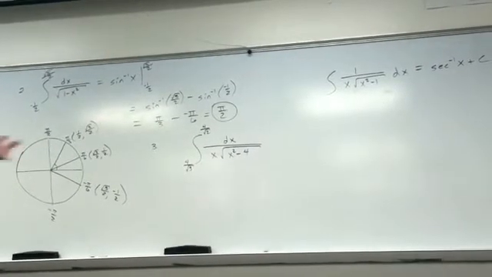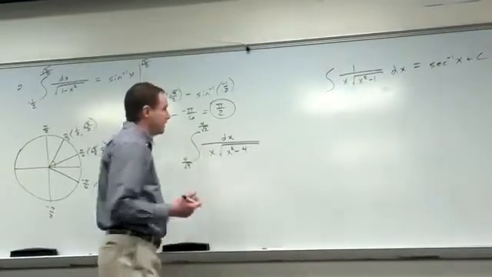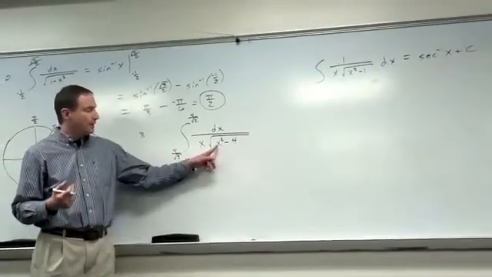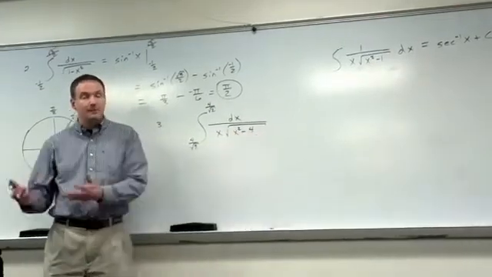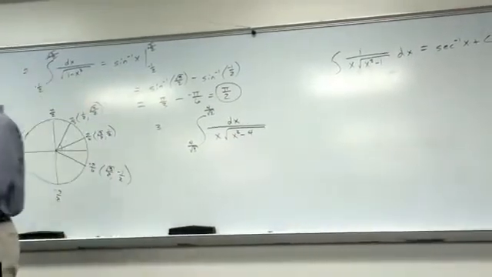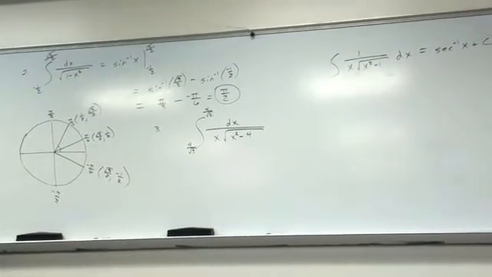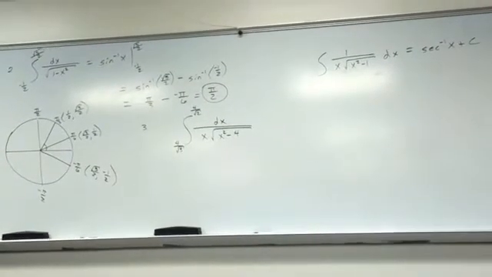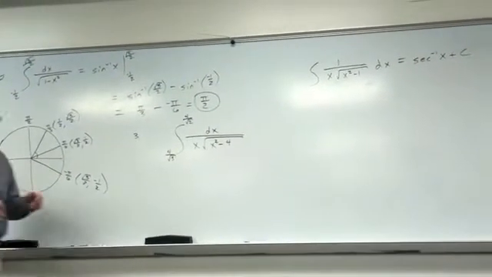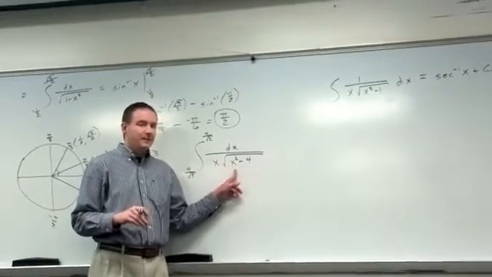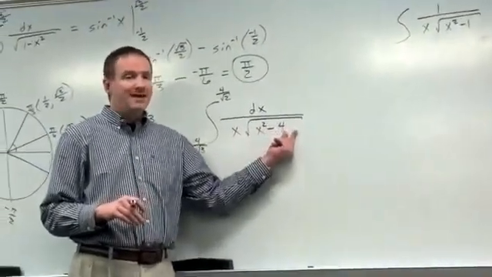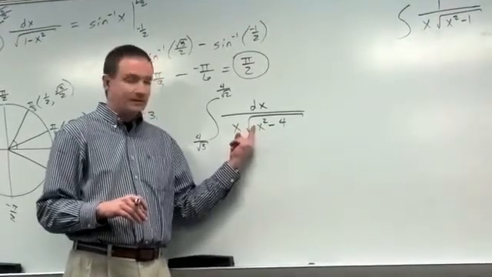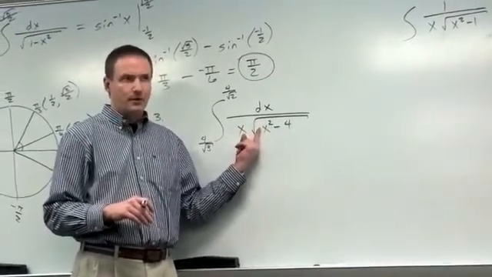Now, the problem in this one is that, well, I don't have x squared minus 1 in there. I need an x squared minus 1, so I need to force what's on the inside to be that. The only way I could get this to be some constant squared minus 1 is if I force this leading coefficient to have a 4.